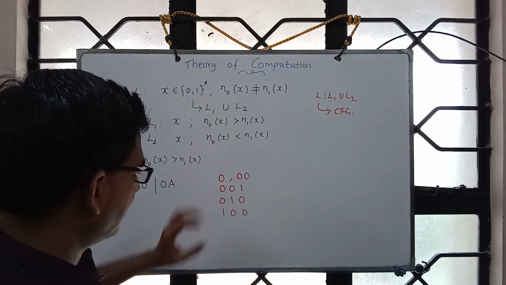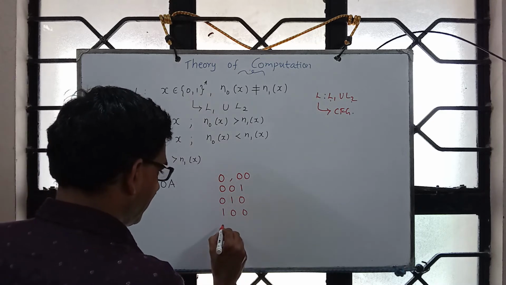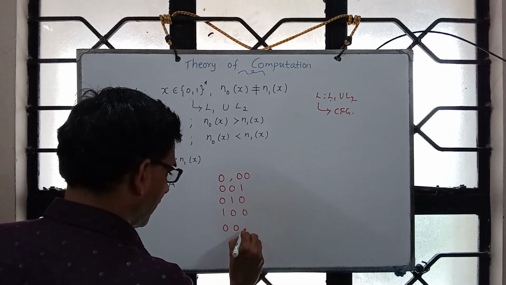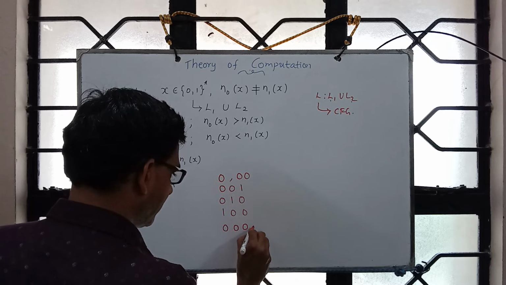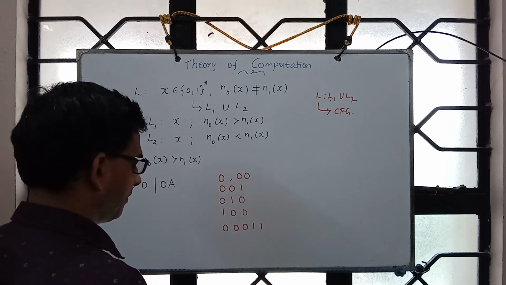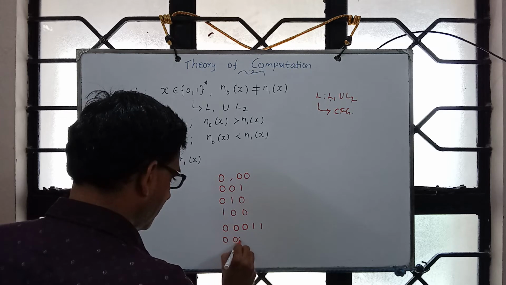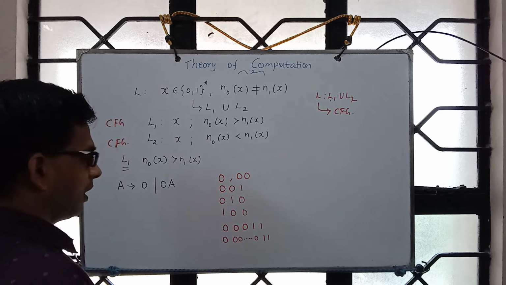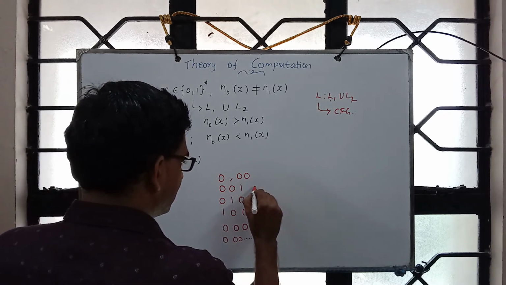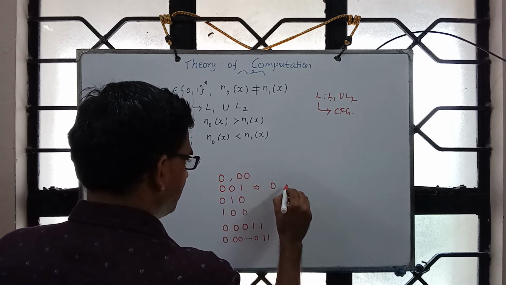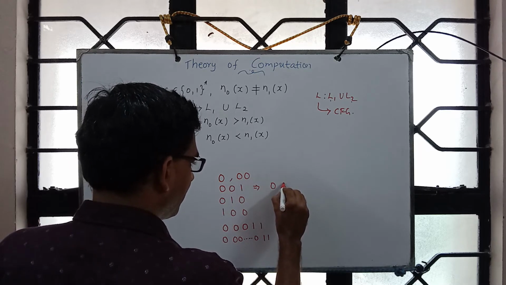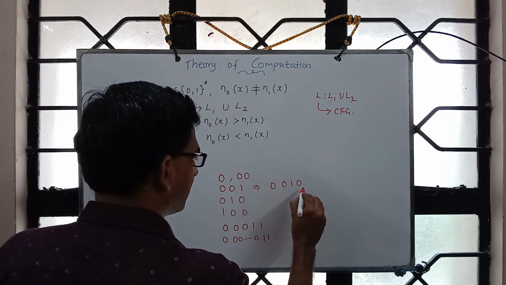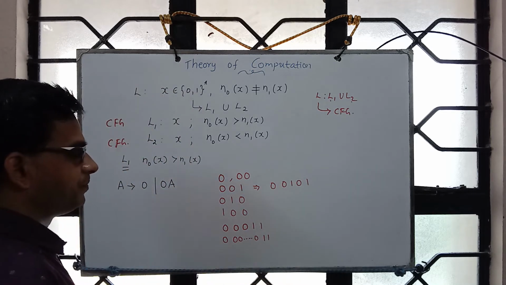Now this can be generalized. What am I saying? You look at 0 0, and I may have one more 0 followed by 1 1, or you may have so many zeros followed by 1 1. That's all fine. Now look at this. This becomes maybe 0 0 1 and maybe another 0 followed by this.